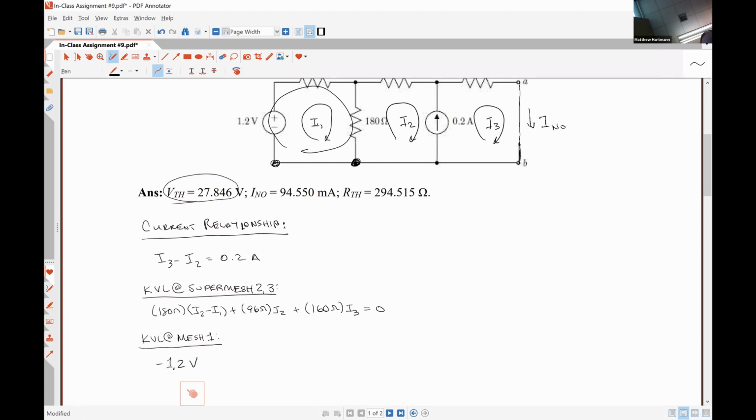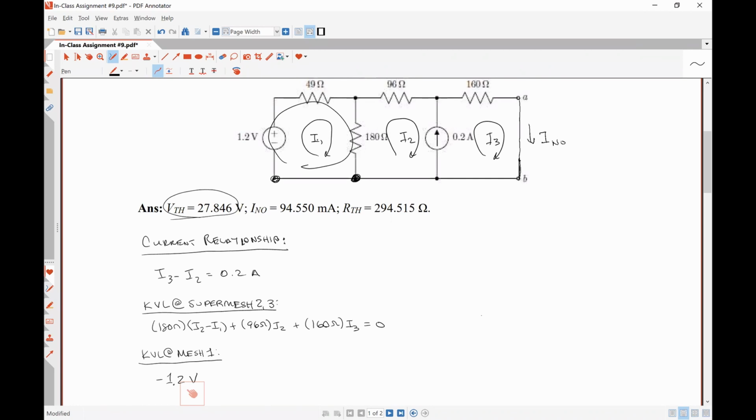What's next? Plus 49 I1. Alrighty, and what is our last term? 180 times (I1 minus I2). That is correct. Set this equal to 0.